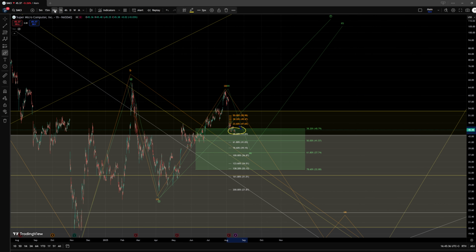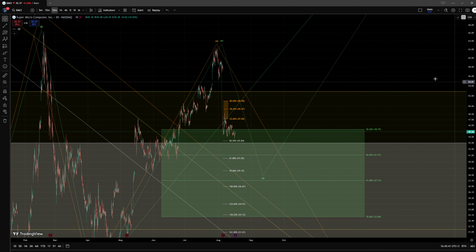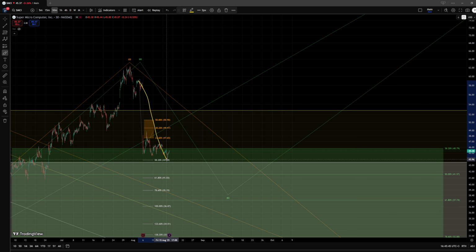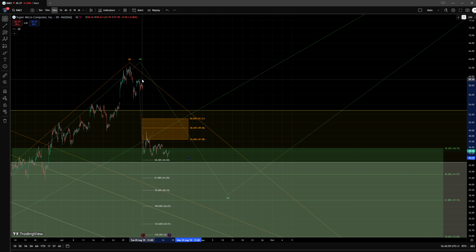So far we have in this area three waves down, and I would say that this third wave is actually complete. I would be looking to either confirm that this is a 1, 2, 3, 4, 5 by having another 4-5 pattern, and for that I would be looking for the resistance between $47.4 up to around $51.2 to hold and create another movement to the downside in 5 waves.